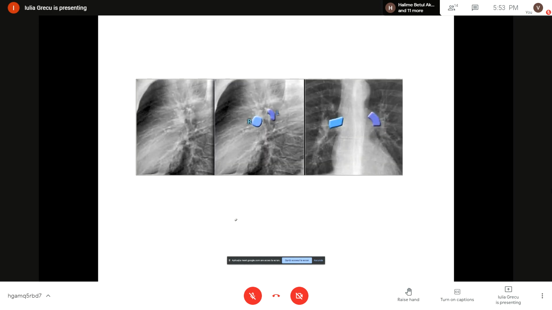This is a representation of what I told you before, the right pulmonary artery and the left pulmonary artery, which courses superior to the left main bronchus to get on the dorsal aspect of the bronchia. If we look on the lateral view, the right main artery projects anteriorly to the left artery.